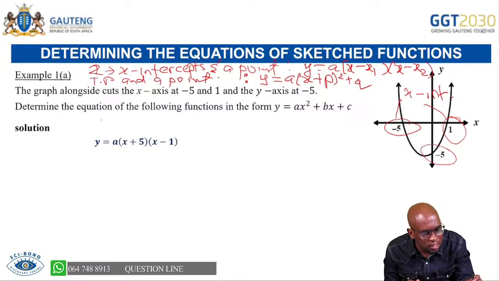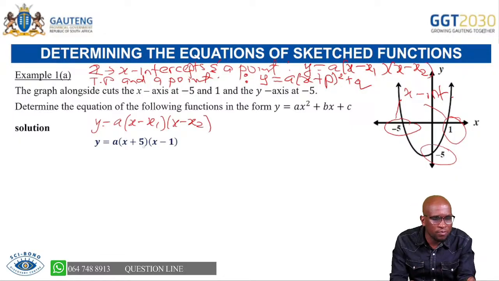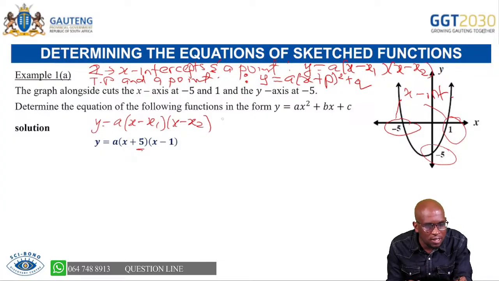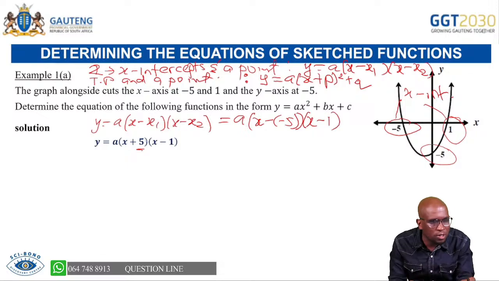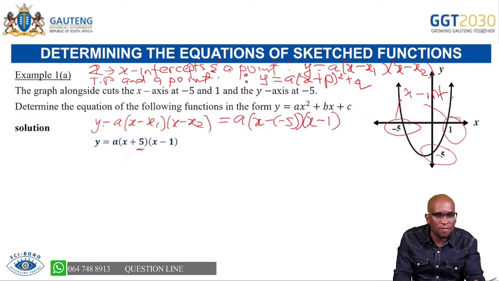Obviously, I indicated you should be using y equals a into x minus x1, x minus x2. You can see we've substituted x1 as negative 5, so this would be a into x minus negative 5, close bracket, x minus 1. So that is where we got the positive 5 there.